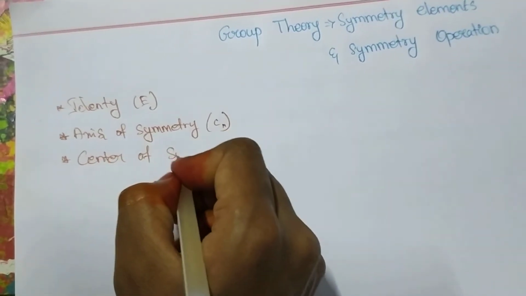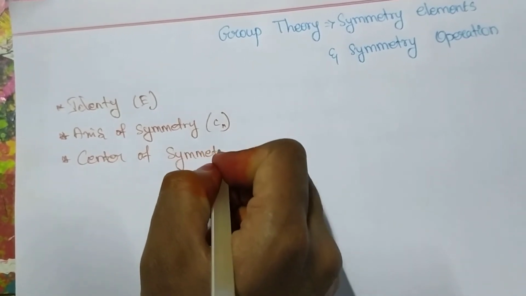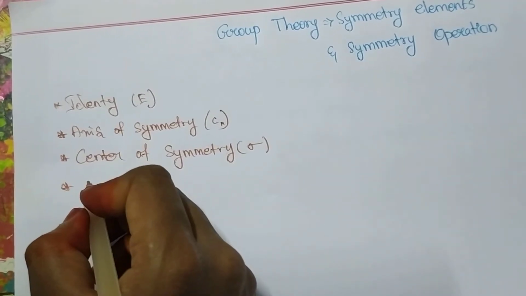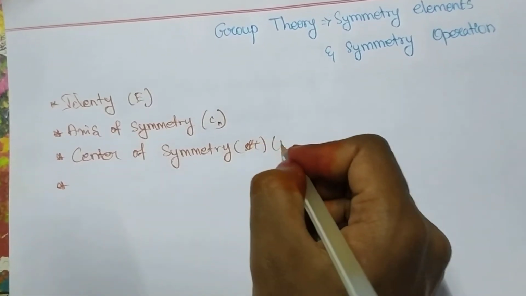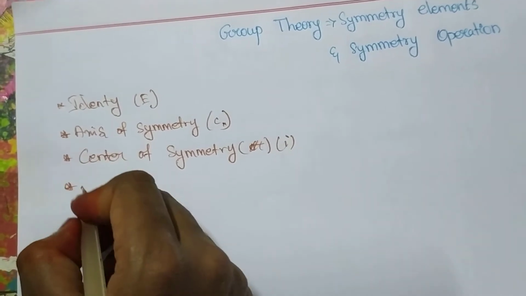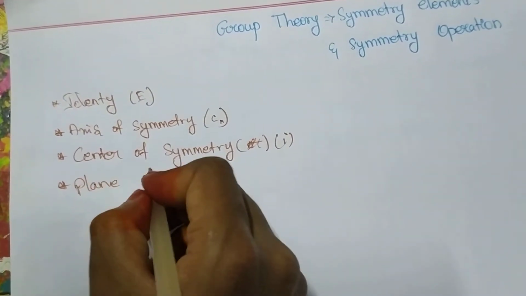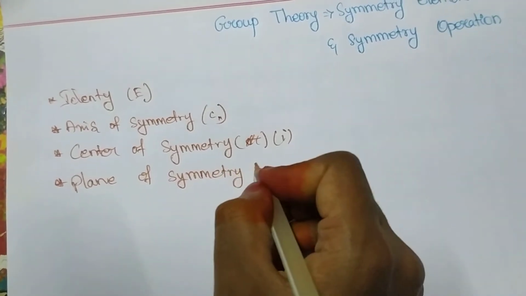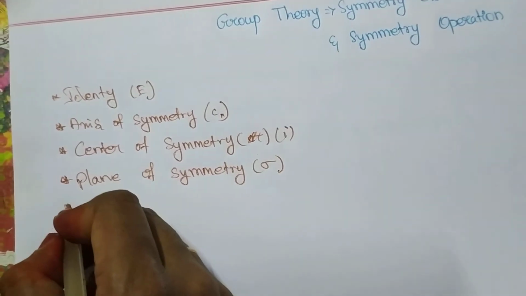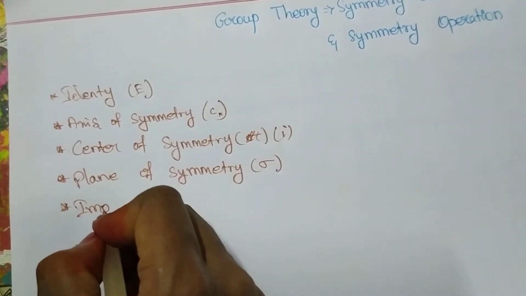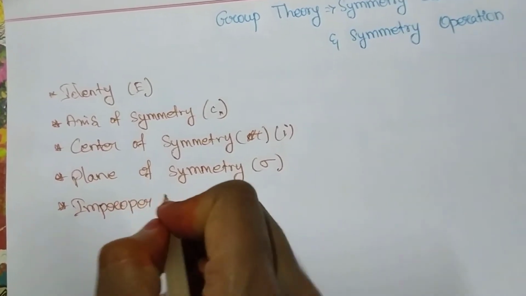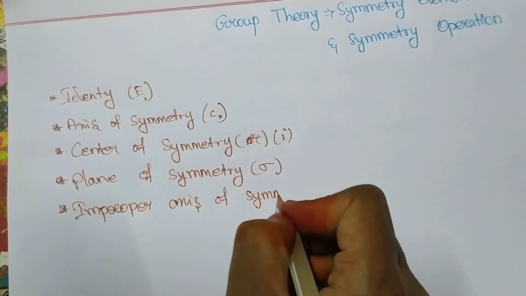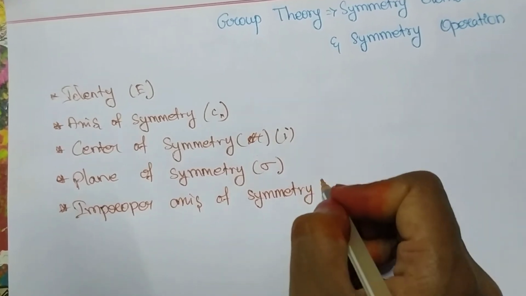Center of symmetry, that is i. Plane of symmetry, that is referred to as sigma. And then improper axis of symmetry, that is referred to as S.